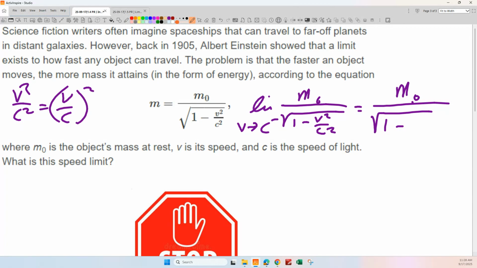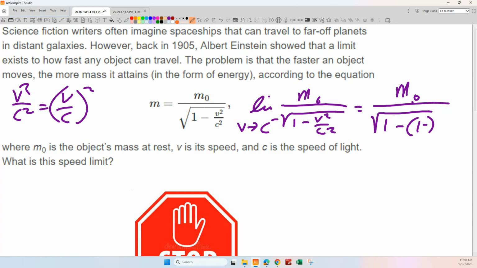Okay, what's v over c? What's that ratio going to approach as v approaches c from the left? It gets really close to 1. Is it going to be slightly bigger or slightly less than 1? Slightly less. So I'm going to get 1 minus 1 minus, what does that look like? 0 plus, because 1 minus is going to be something like 0.999, right? 1 minus 0.999 is going to give me a really small positive number.